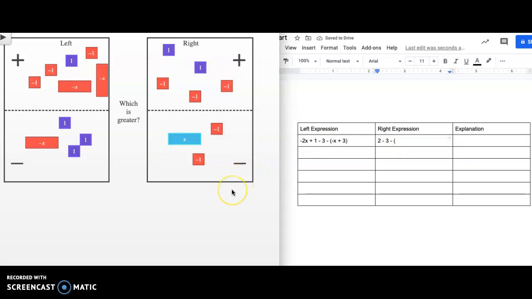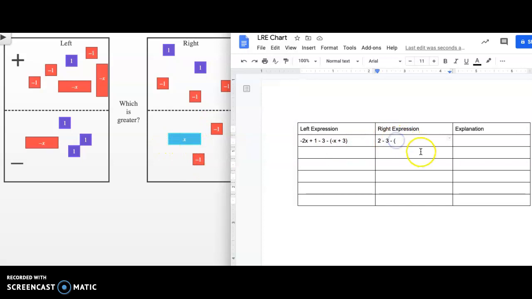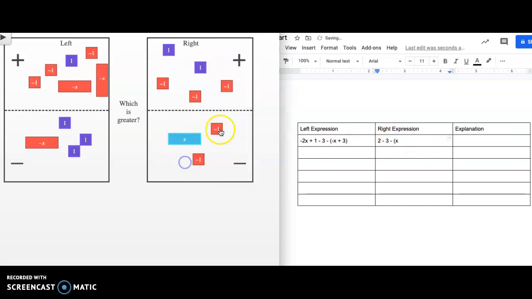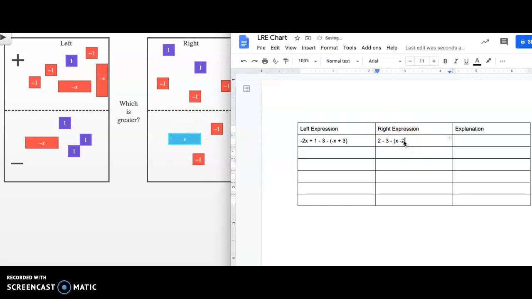So that tells me that I'm taking the opposite of everything inside of that parentheses. So in this opposite region I have a positive x and 2 negative 1, so minus 2 or negative 2. Okay, and my explanation here is this is just my original expression.